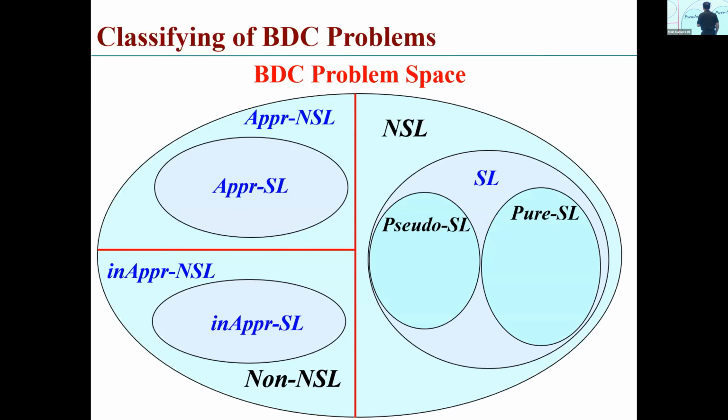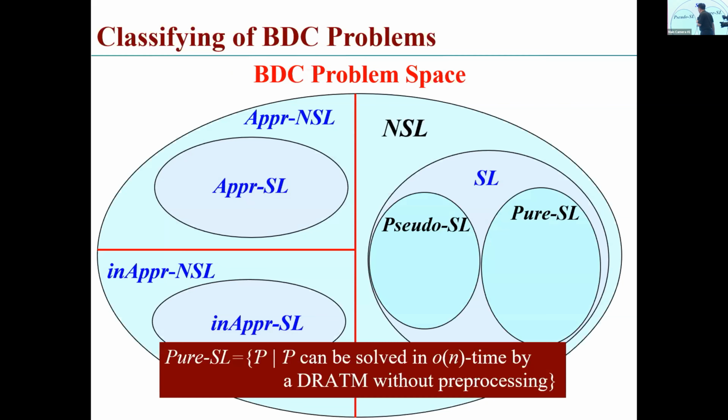Okay, we further divide this space into pseudo SL and pro SL. What is pro SL? Pro SL includes all the problems that can be solved in sublinear time by a DRATM without any pre-processing.